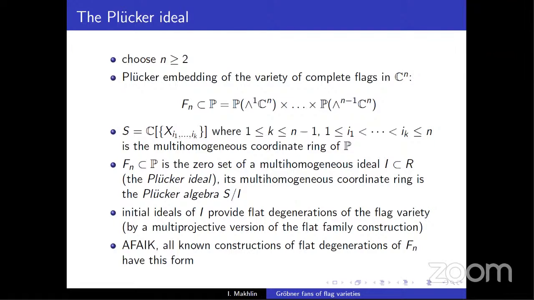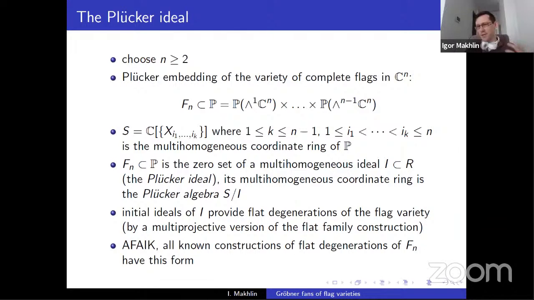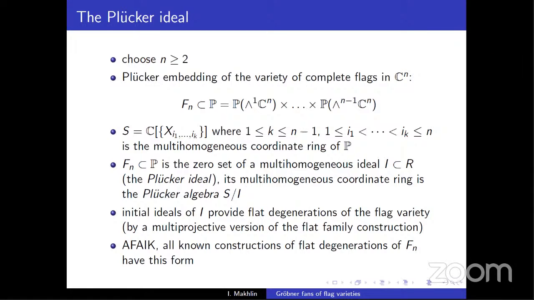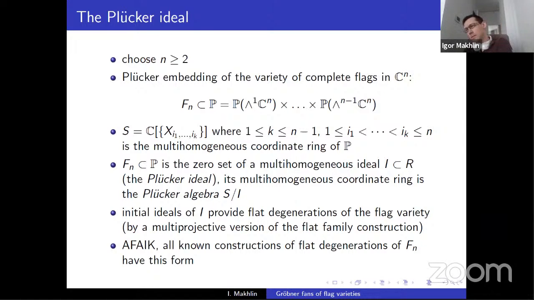The question is if there is an example at all. What happens if we take projective space to start? I don't know if there is an example where it's not a Gröbner degeneration. I know that there are some papers that claim to construct such examples, but if you look at them carefully, this is not what you want.